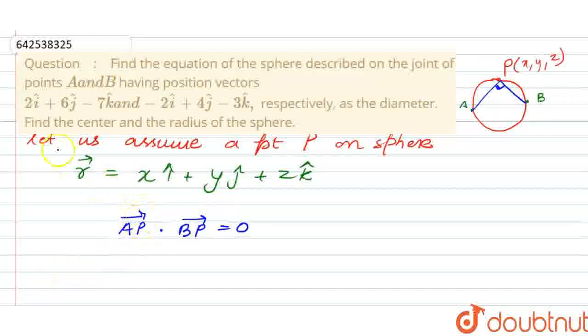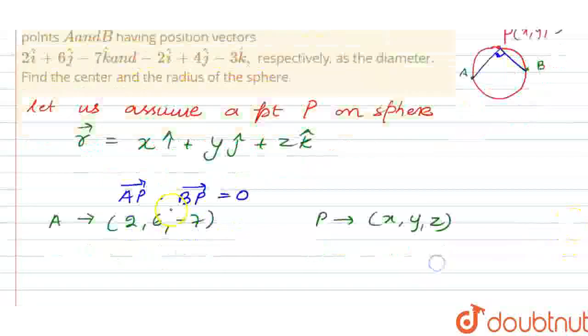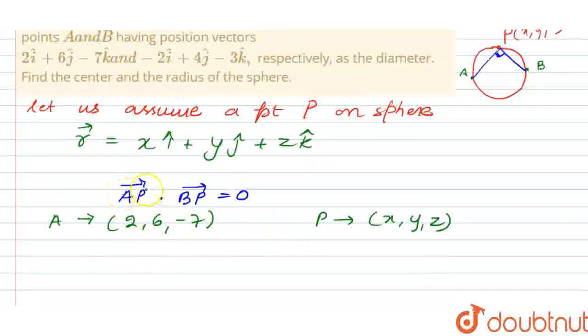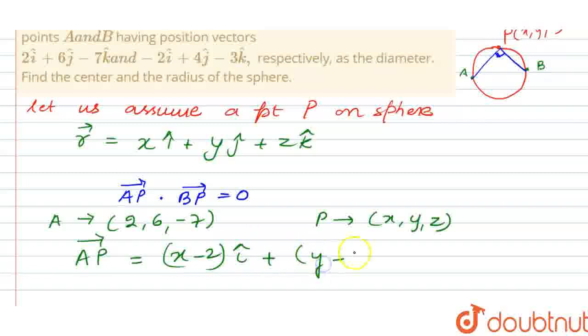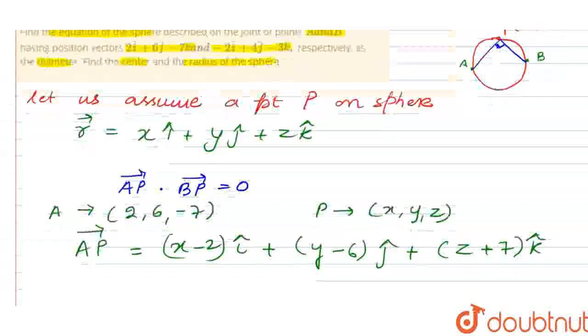Now let's find the AP vector. A is at point 2, 6, minus 7 and P is at x, y, z. From these two points, we can say that the AP vector will be x minus 2 i cap plus y minus 6 j cap plus z plus 7 k cap.